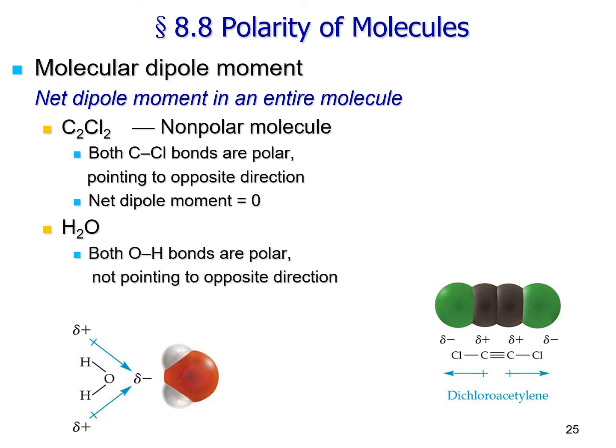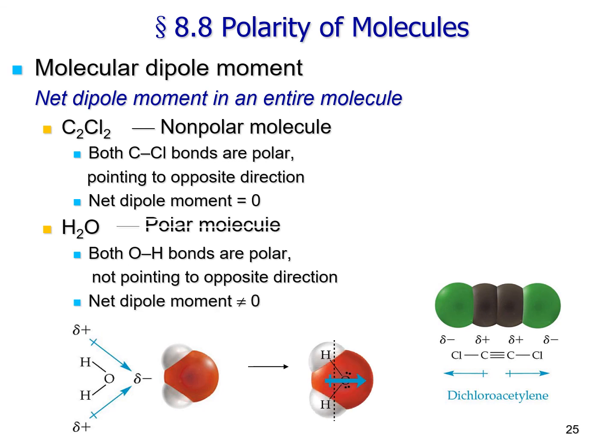So if we combine these 2 arrows together, we realize they do not completely cancel out, and there is going to be an arrow inside the molecule, which is a polar molecule. Since there's an arrow, the polarity in the molecule, H2O is a polar molecule. That is very important. Water has to be a polar molecule, because if water is not a polar molecule, our recognition of water is going to be totally different.